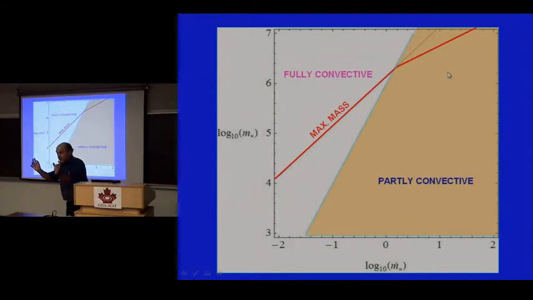It's coming in with very, very high entropy. And so when it settles onto the star, it increases its density by several orders of magnitude. But are we thinking of something that's even in the outer region, where the accretion is actually occurring? Is it borderline ISM mean densities, or is it much higher? It would be somewhat higher than that. No, it would be quite a bit higher than that. I mean, you're talking about stuff coming in at a solar mass per year down to an astronomical unit.